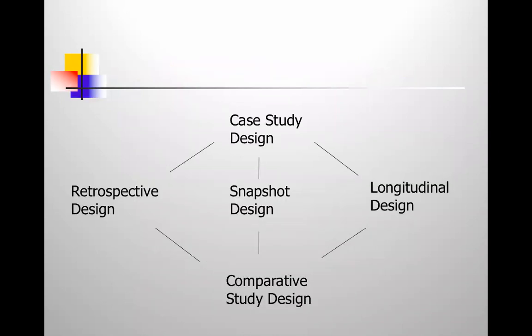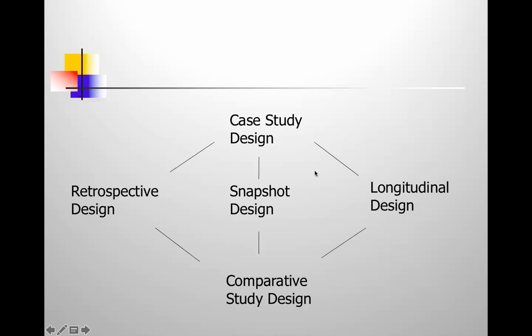So here's a little chart that I made up. These three, the retrospective, the snapshot, and the longitudinal, are more temporally oriented. Retrospective designs look to the past, at lived experiences that are now over. Snapshot is more in real time, what's happening right in this moment. And longitudinal can be in real time, but also over a long period of time, moving into the future.